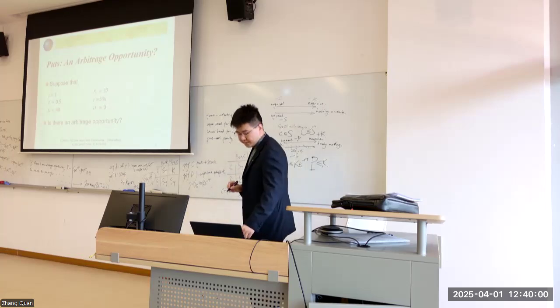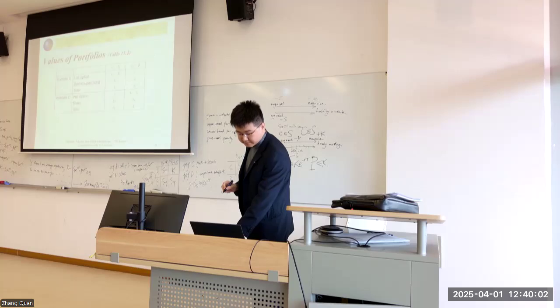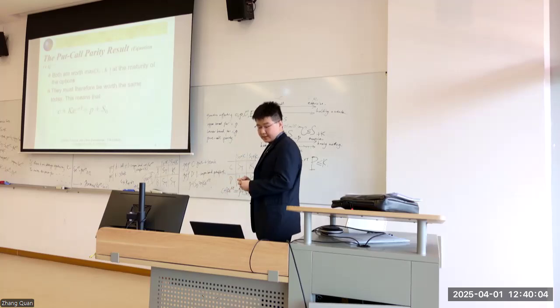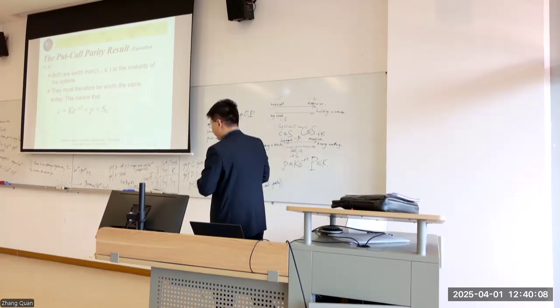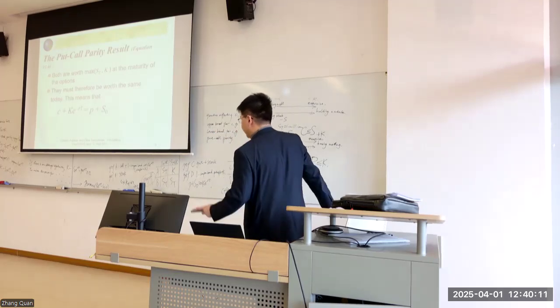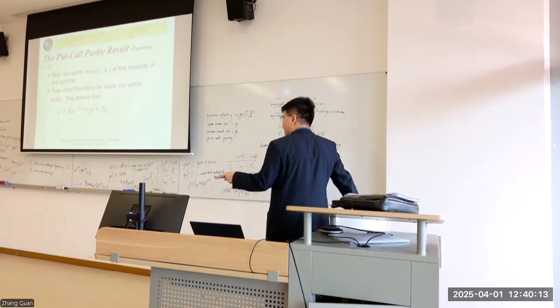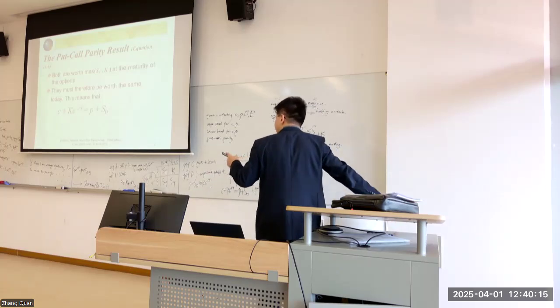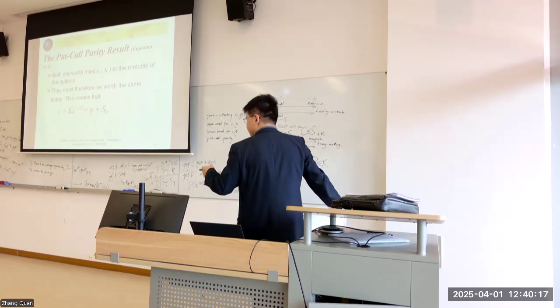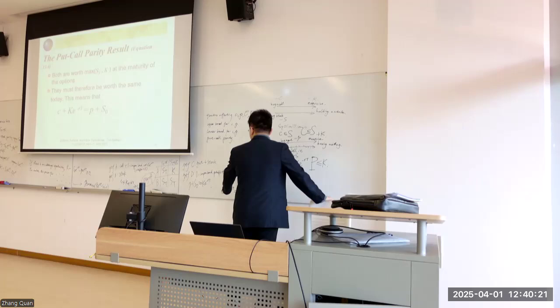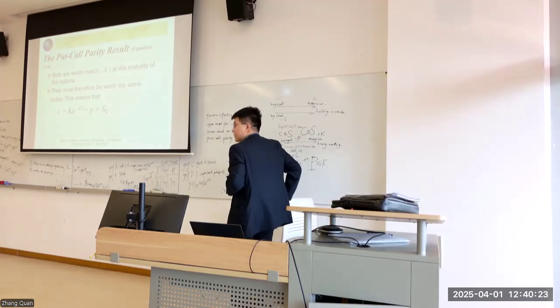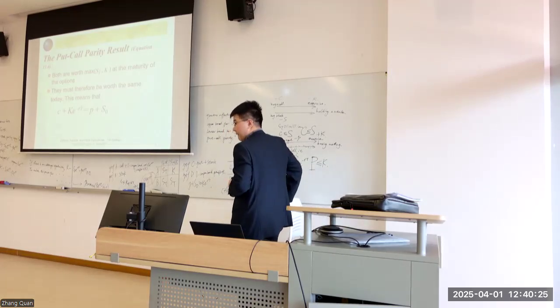Okay, putting it into a normal world. If you have a call option and a put option for the same asset with the same strike price and maturity, this call and this put, their prices must fulfill put-call parity established in this formula.